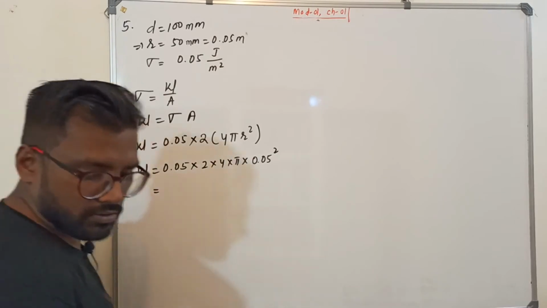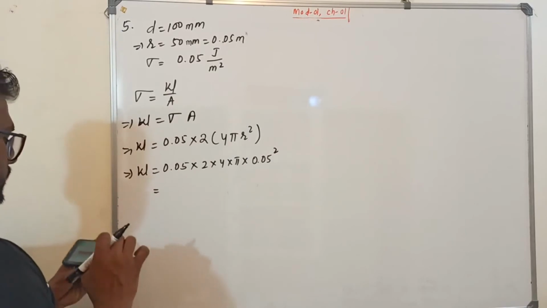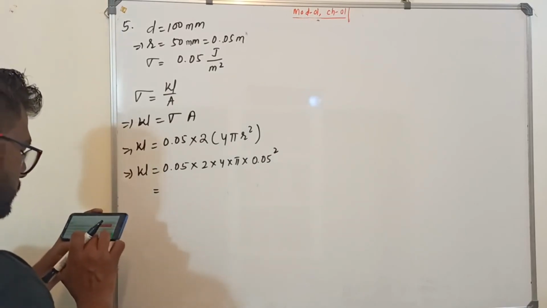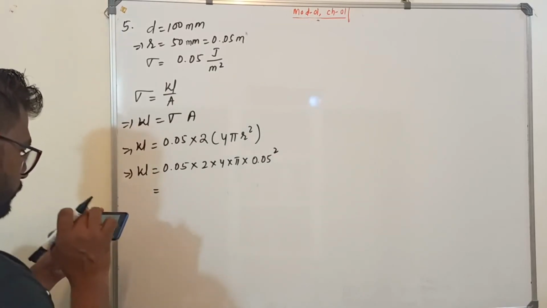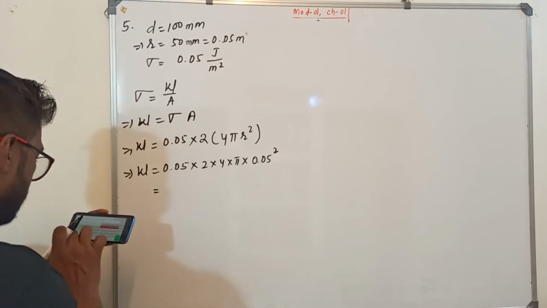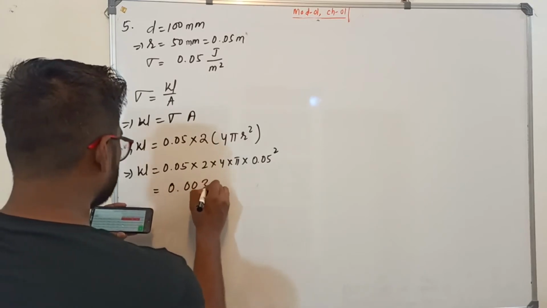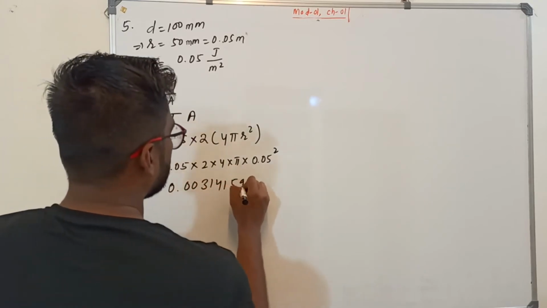Now take out your calculator and solve it. Tell me how much answer you are getting. 0.05 cube multiplied by 8 multiplied by pi. The answer I am getting is 0.00314159 joule.